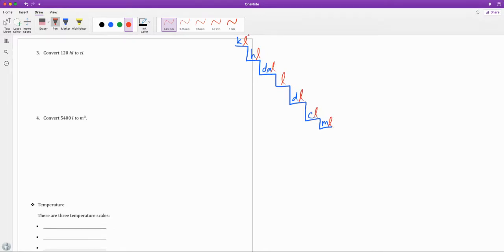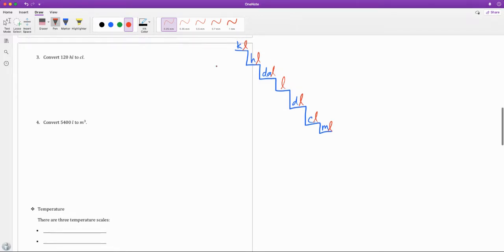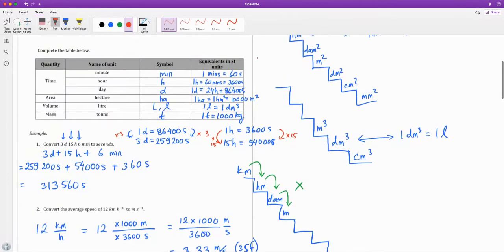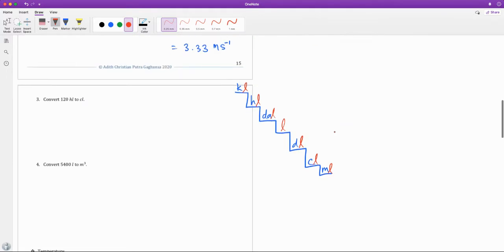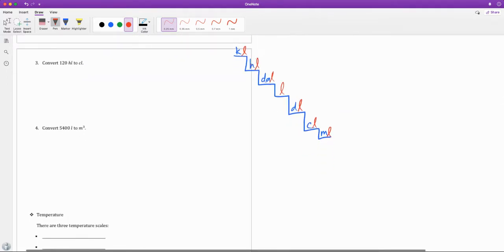Look at the index here. It's to the power of 1, and we don't need to write it down. For area, it's to the power of 2, the index. And to the power of 3 is for volume. That's the index. Since it's to the power of 1, we use the same strategy.